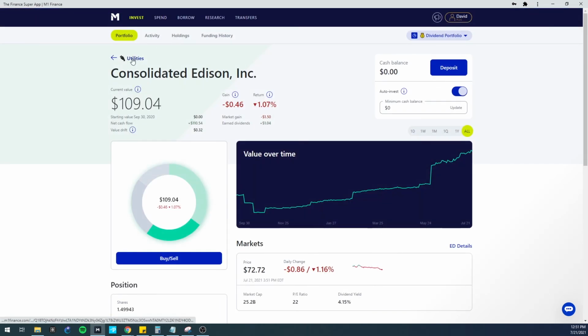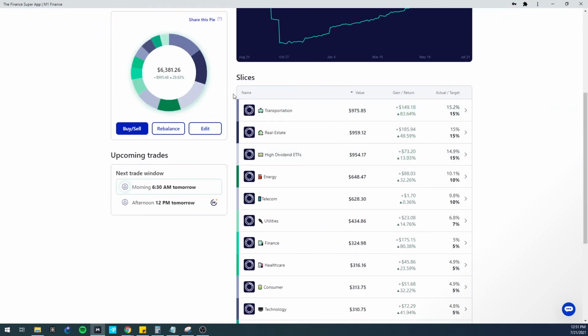And when that happens, if we go back into the main portfolio, you'll see an upcoming trade. As you'll see, there's one trade tomorrow morning at 6:30 a.m., and that'll be 9:30 Eastern Standard Time.